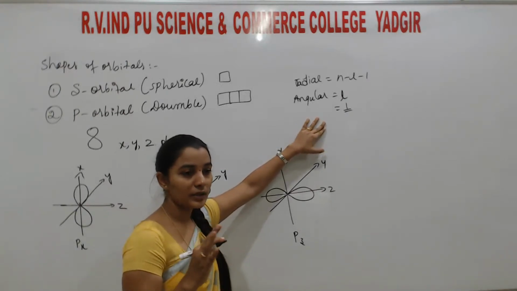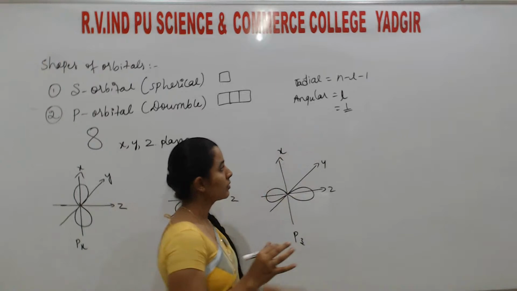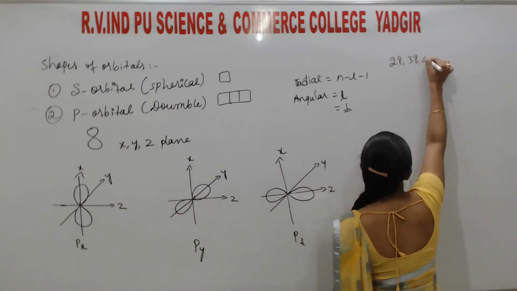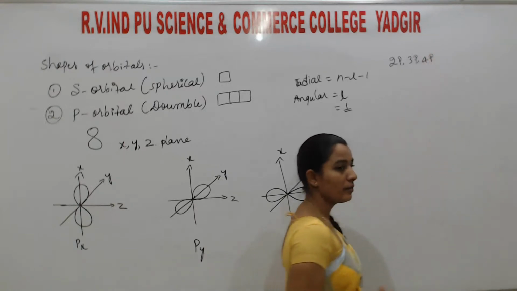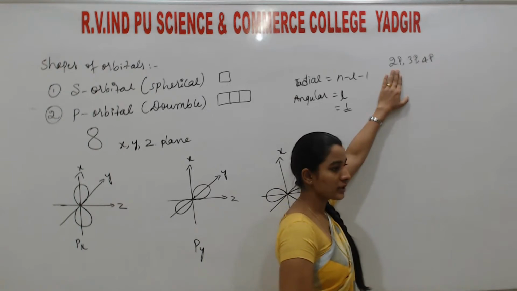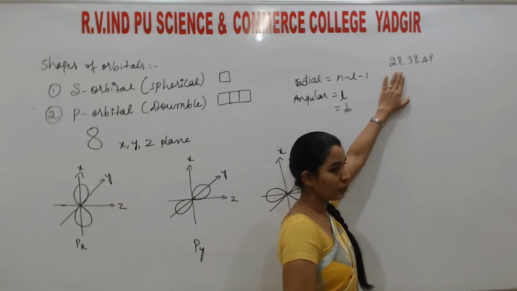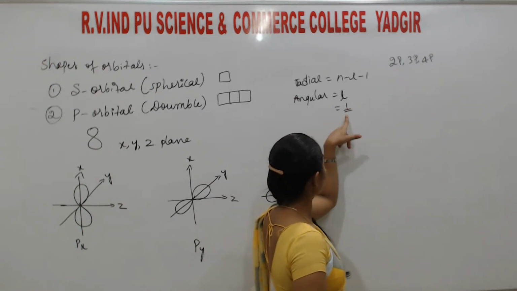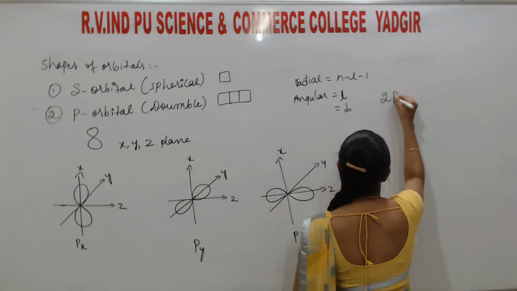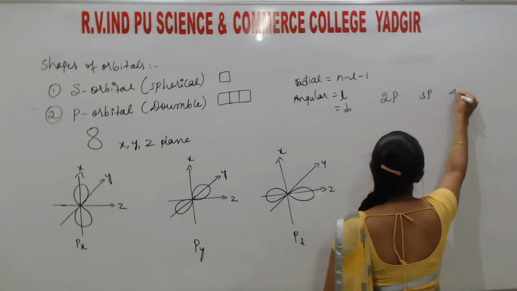Okay? A 1p orbital is not there. You know that. So 2p orbital, 3p orbital, 4p orbitals, and so on are present. For the 2p orbital, of course the angular node is 1. So this is 2p, 3p, 4p.